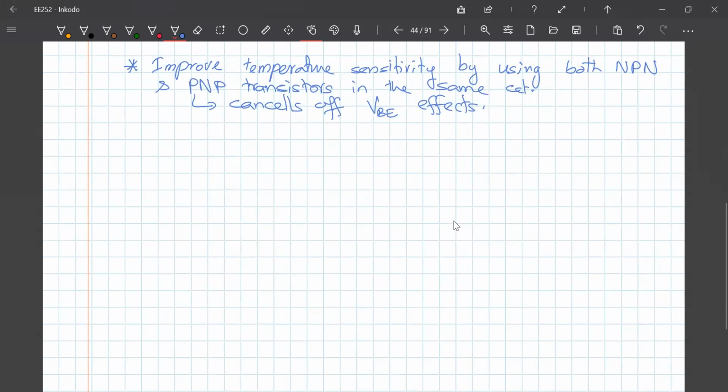Okay, so an example of a multi-stage closed loop amplifier. Let me draw one. Now you don't have to always have multi-stage feedback, multi-stage closed loop. You can have a single stage and feedback amplifiers also. In fact, the common emitter amplifier with the emitter resistor was a single stage closed loop amplifier, right?